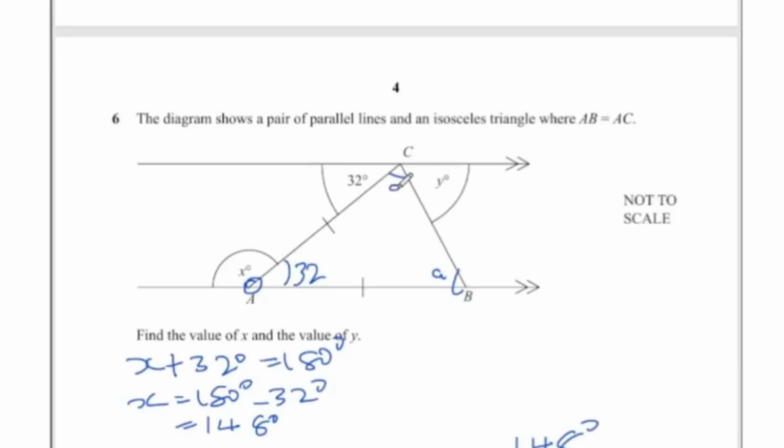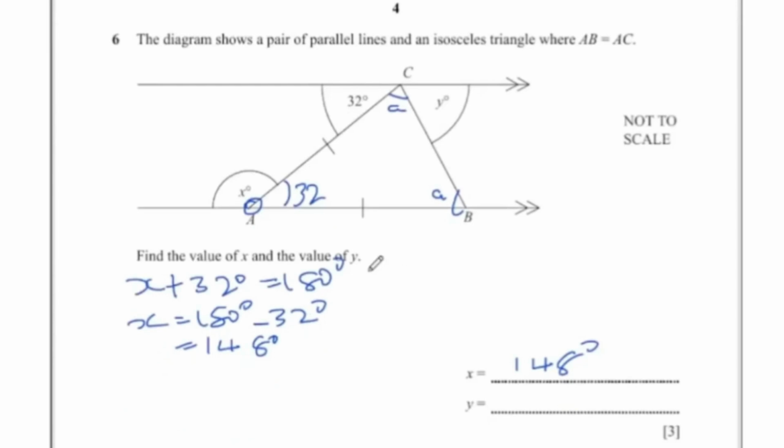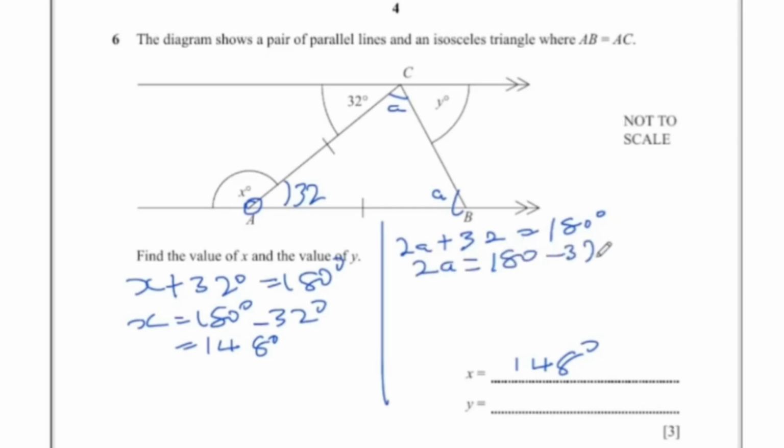I could say that 2a plus 32 is equal to 180 degrees. So 2a is equal to 180 minus 32. We're still going to get 148 degrees.